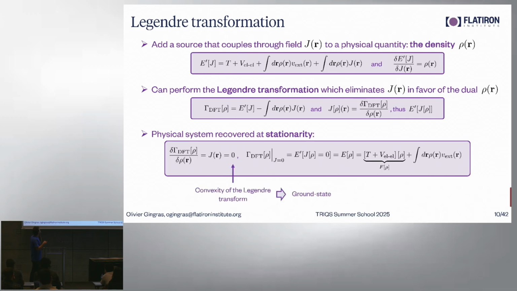And the stationarity condition, along with the convexity of the Legendre transform, tells you that this is a minimum of this functional for a given density, which is the one of the ground state. So what you have found is that your ground state minimizes this functional, which is the energy.